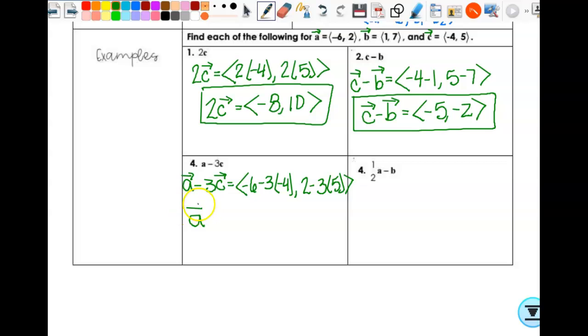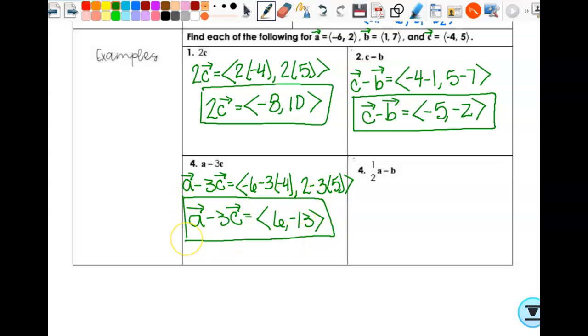So A minus 3C will equal negative 6 plus 12, so that's positive 6, and then 2 minus 15 will be negative 13. Any questions about that?